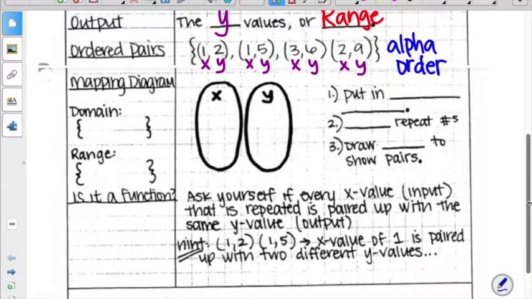We can display ordered pairs in a mapping diagram. A mapping diagram is this, where we list our x values and we list our y values. We have to be careful the way that we list them. So step number 1 is we're going to put them in numerical order.